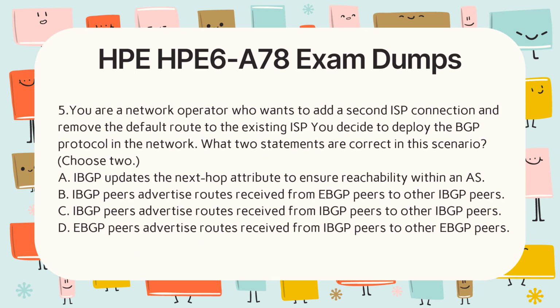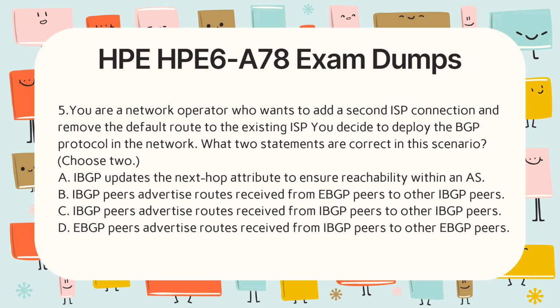5. You are a network operator who wants to add a second ISP connection and remove the default route to the existing ISP. You decide to deploy the BGP protocol in the network. What 2 statements are correct in this scenario? Choose 2. A. IBGP updates the next hop attribute to ensure reachability within an AS.